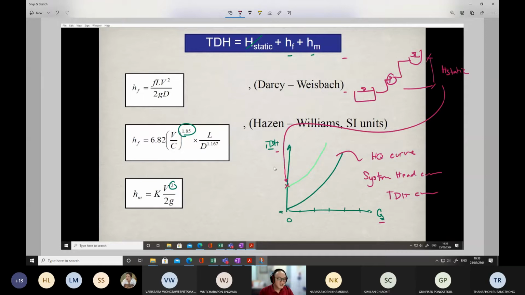This curve is very important whenever you want to select the pumps. We need to establish this curve before selecting the pumps.